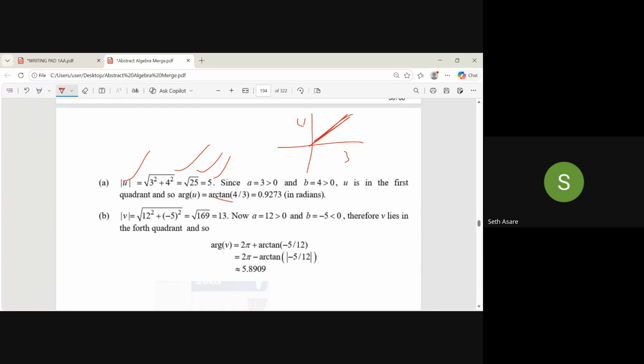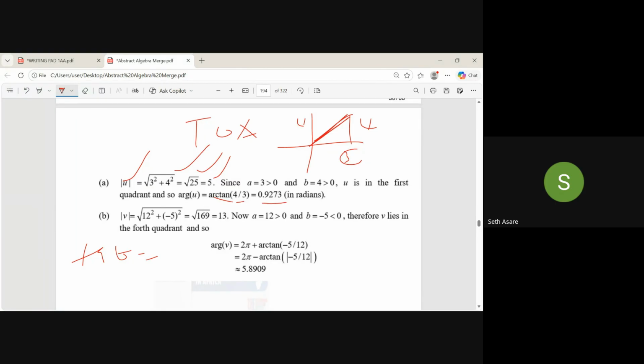Arctan is what we are using. So tan theta is equal to what? That will be opposite over adjacent. So that one will give us 4 over 3. So when we find the angle, we are going to get tan inverse of 4 over 3.